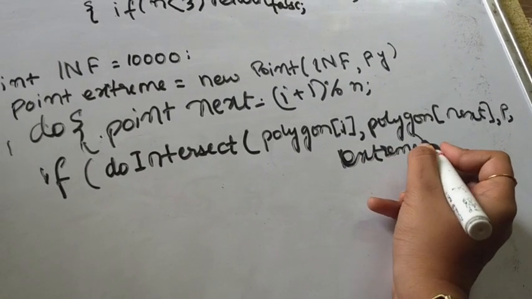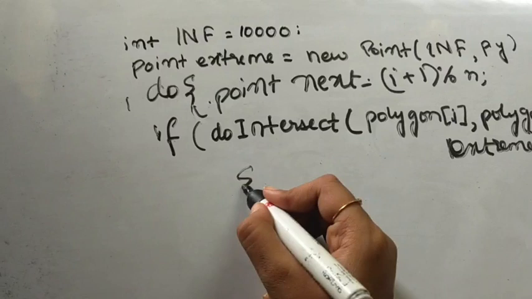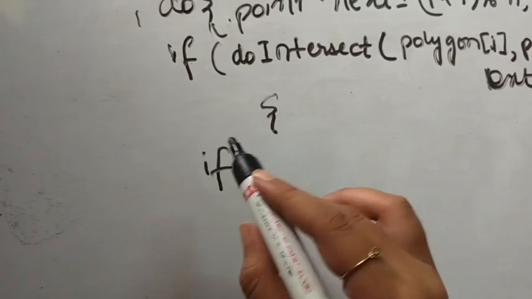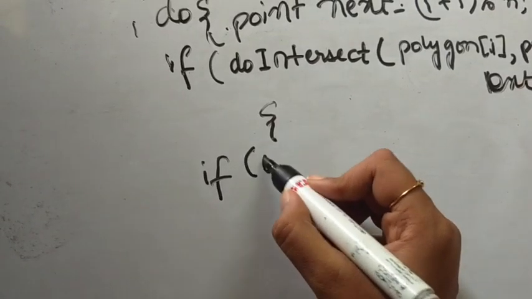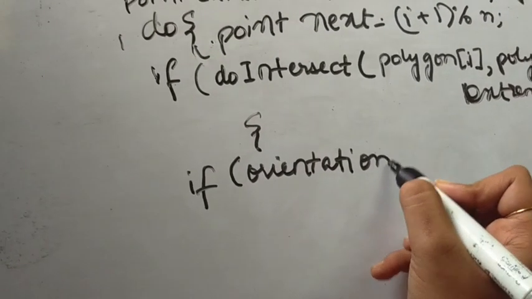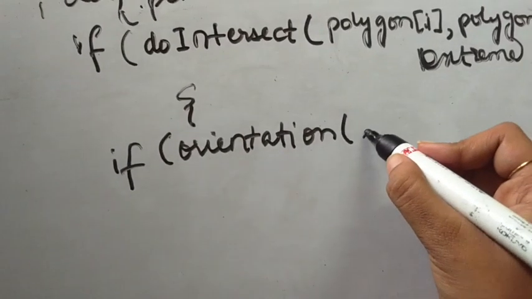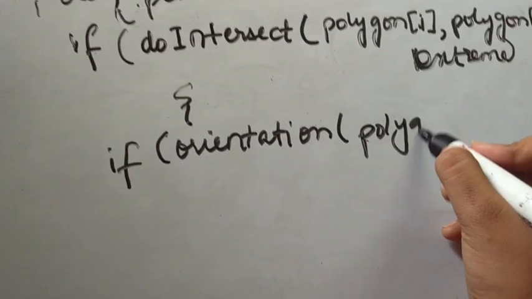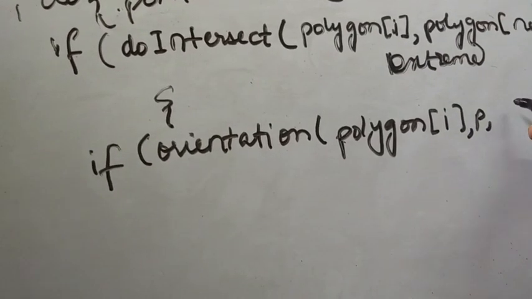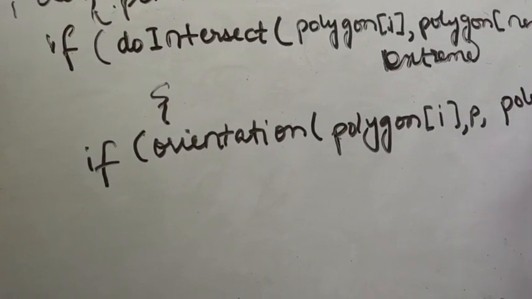So if this returns true, I'm going to step back to orientation, and for orientation we do not require extreme, so we only require the ith point of the polygon, the P point, and the next point.